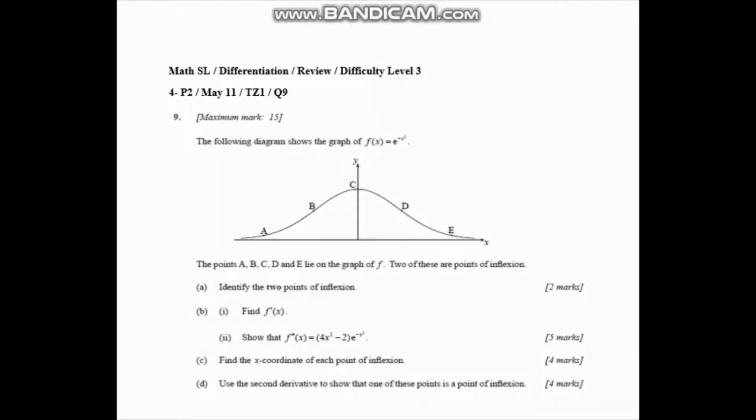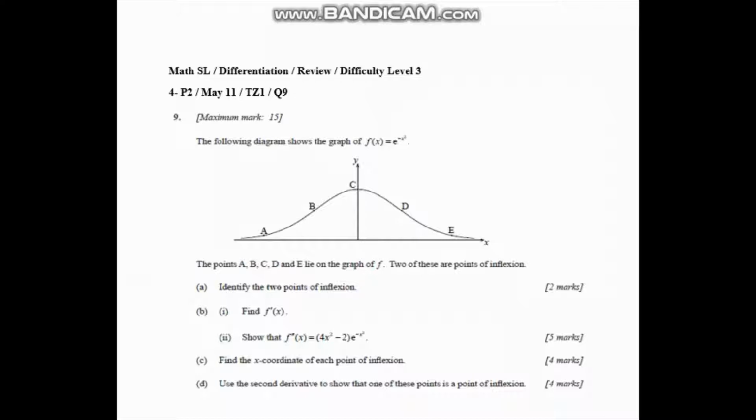So you are given the graph of f of x equals e to the power of negative x squared. And you are asked in question A to identify the 2 points of inflection. So where are the points of inflection on this graph? They are the points where the curve changes concavity.